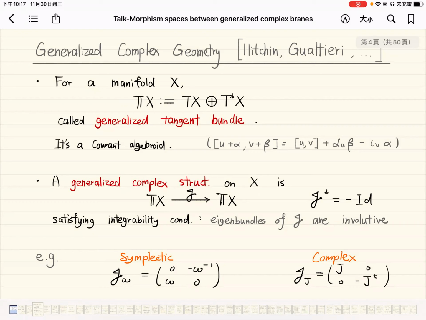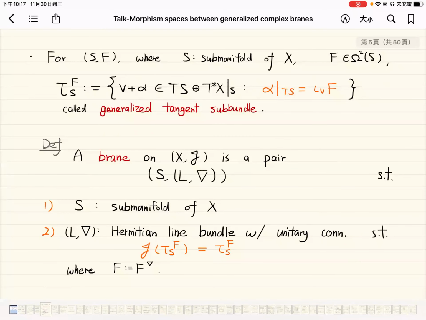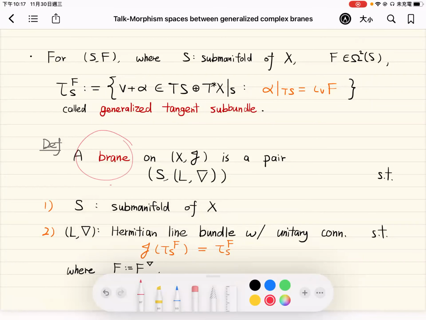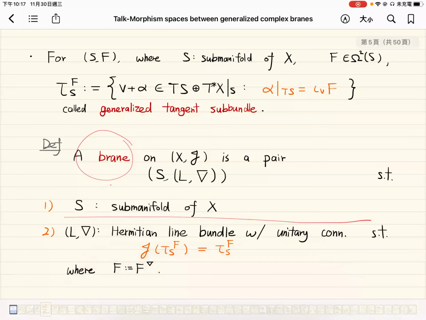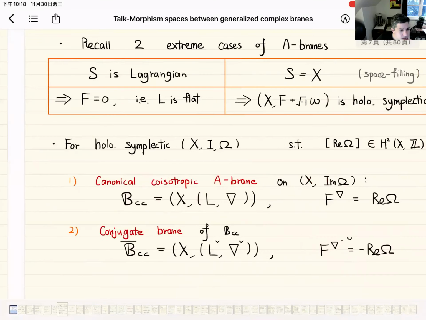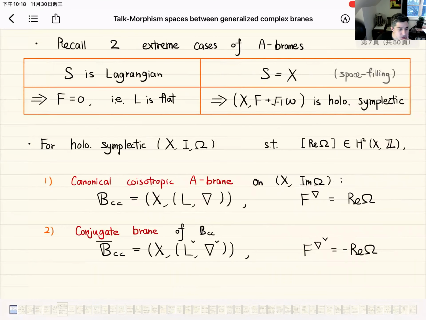So I may just skip several slides on the definition of generalized complex structure, the definition of the generalized complex brane, and also the description of A branes. But for my purpose, I'll go to this slide. Maybe actually, Tony, maybe it's a good idea to go through those, the definition of the brane especially. Oh, really? Okay, yeah. Okay, I can spend some time.